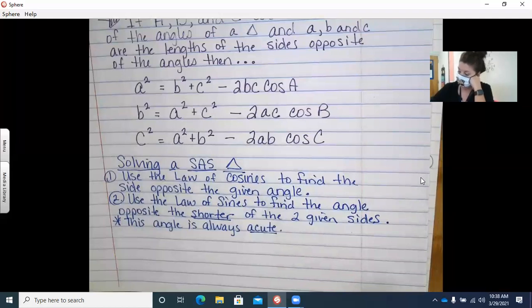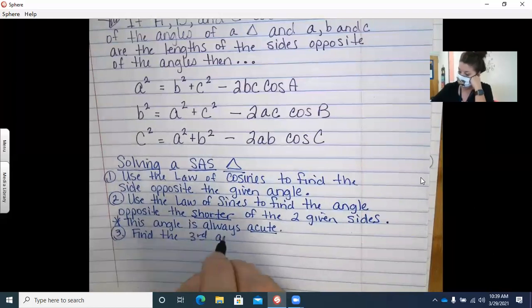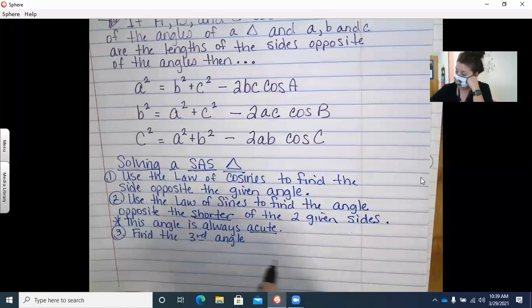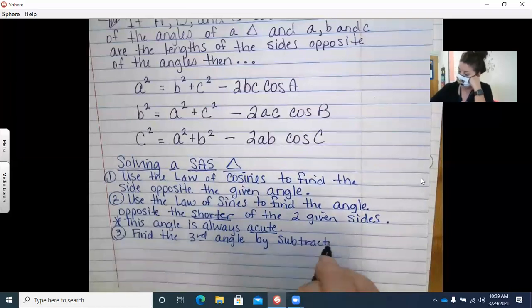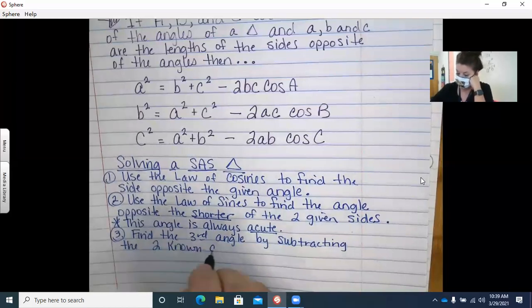Step 3. Find the third angle by subtracting the two known angles from 180 degrees.